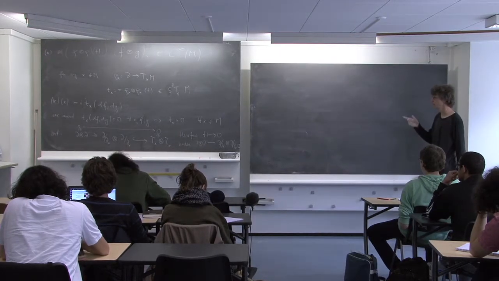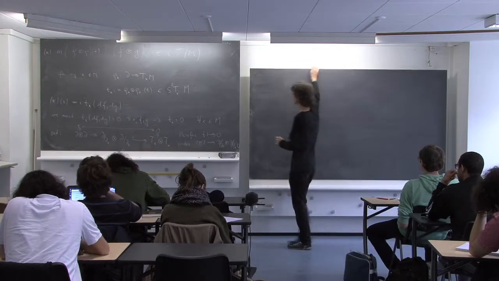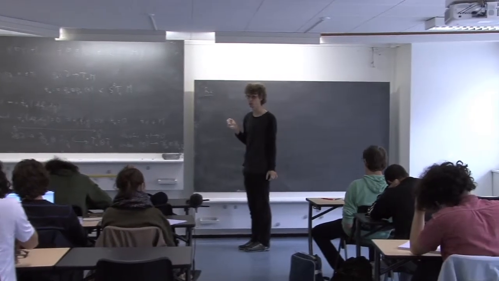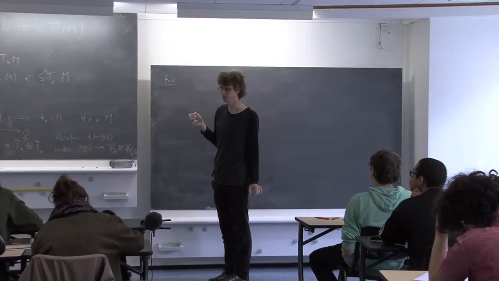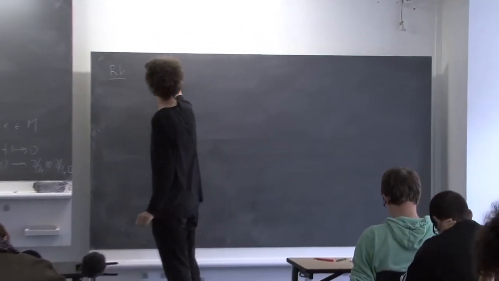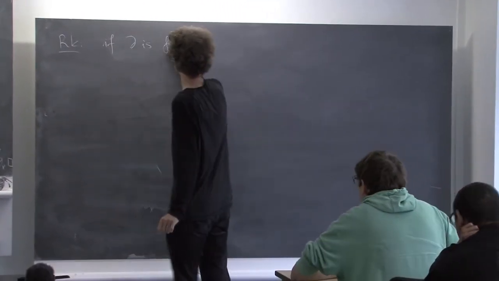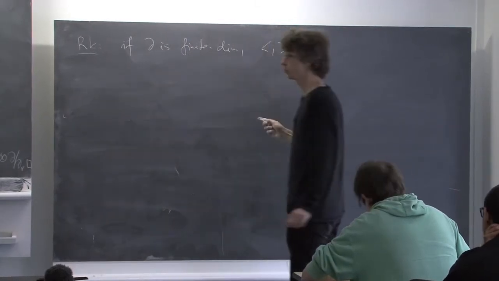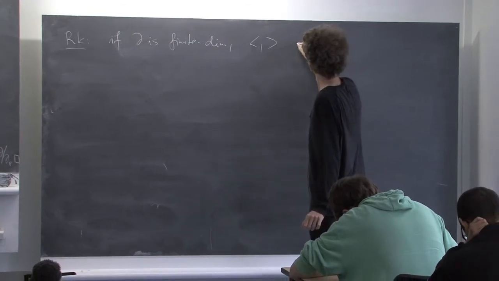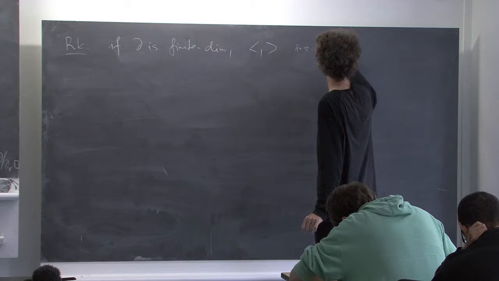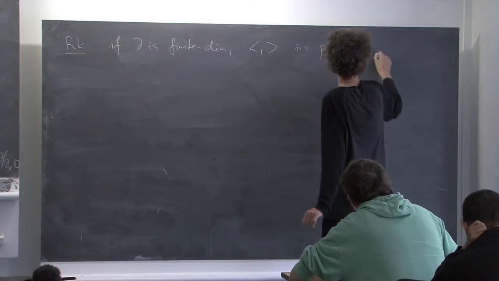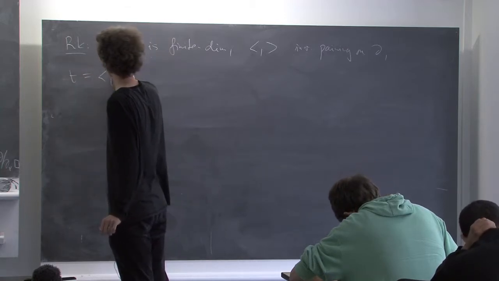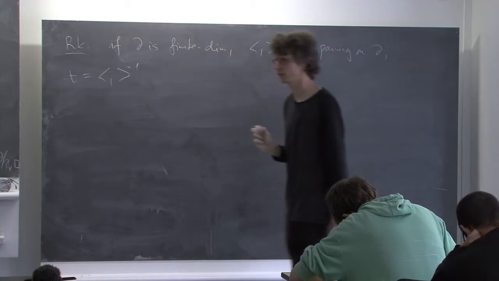Yes, so just before the break, maybe a little remark. Because this is what is mostly going to happen: D is going to be a Drinfeld double of some Lie bialgebra. So say D is finite dimensional, with some non-degenerate invariant pairing, and T is simply the inverse of our pairing.